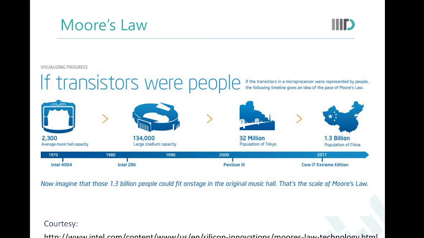Because of this phenomenal growth in the number of transistors, the compute capabilities have gone significantly higher, and because of that we could achieve many of the innovations, and till now we are progressing towards achieving more and more innovation in this regard.